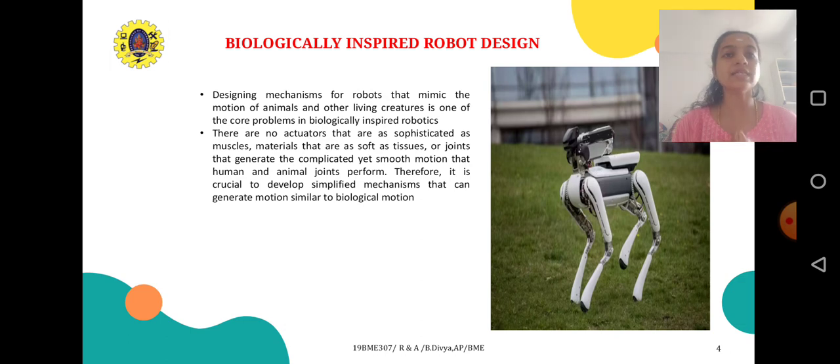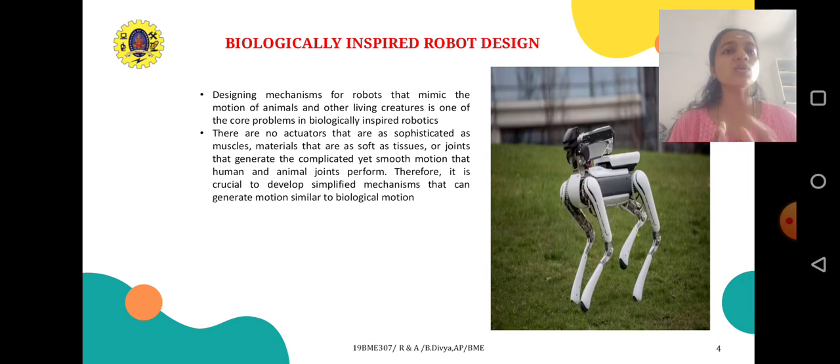Designing mechanisms for robots that mimic the motions of animals and other living creatures is one of the core problems in biologically inspired robots.